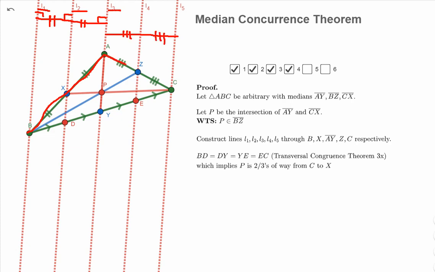Why? Because the side of the triangle AC is a transversal that cuts parallel lines L3, L4, and L5. And so is this line that I draw that's perpendicular. And so therefore I know that the distance between the parallel lines L3 and L4 and the distance between L4 and L5, I know that those distances are the same, right?